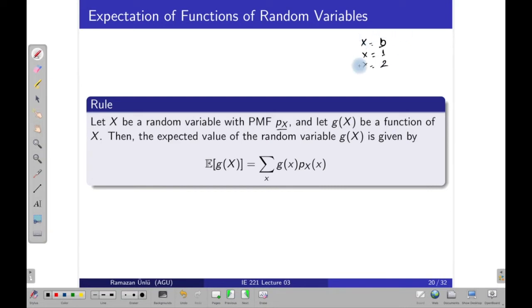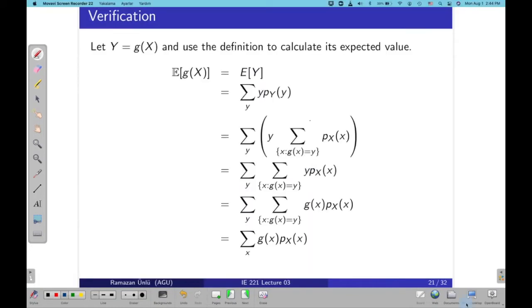In this case, we will define the x's based on some function, say xi and g of xi. So the expected value of that function, which produces the random variable, will be equal to the sum of g of x times p of x. So the function of x times the PMF of x. Keep this in mind.